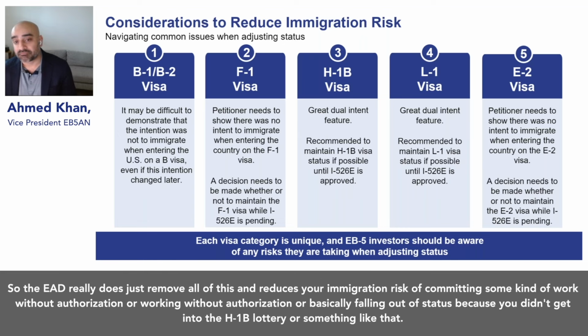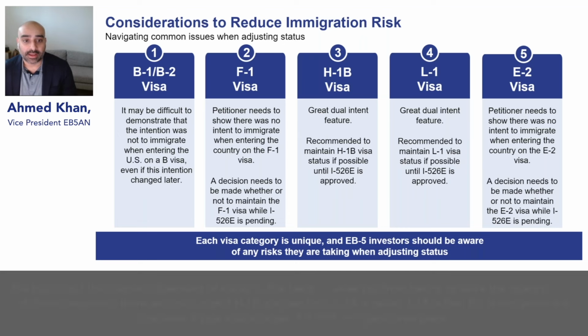So the EAD really does just remove all of this and reduces your immigration risk of working without authorization or basically falling out of status because you didn't get into the H-1B lottery or something like that.